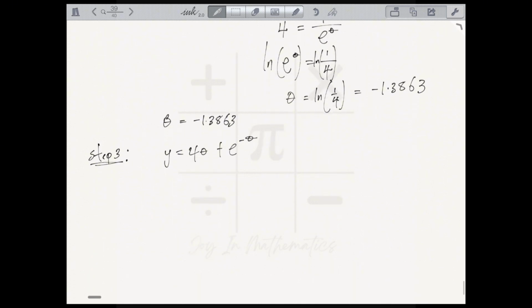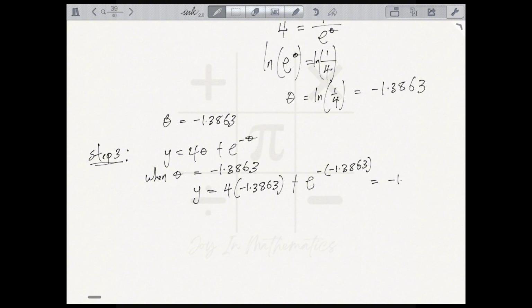So when we substitute the value of theta to be equal to minus 1.3863, our y is equal to 4 into minus 1.3863 plus exponential minus into minus 1.3863. And this will give us minus 1.5452.